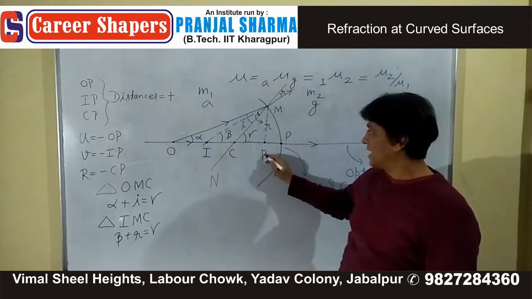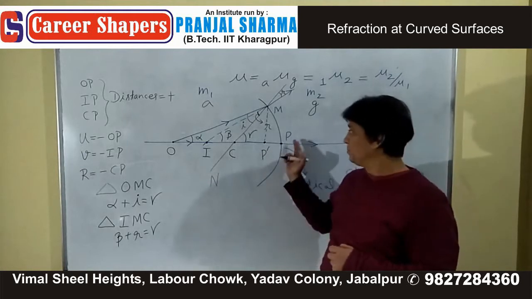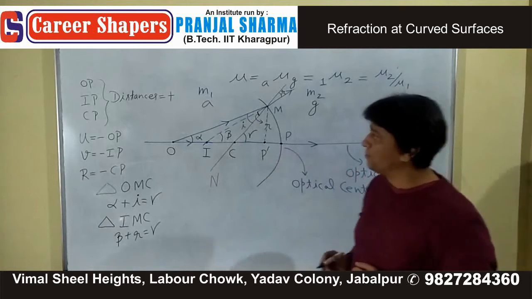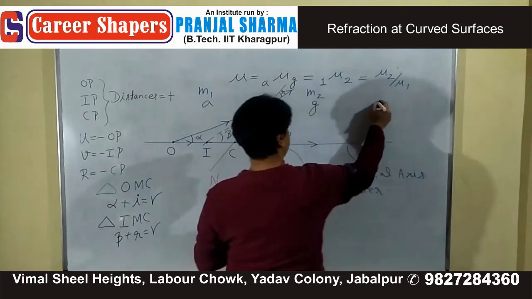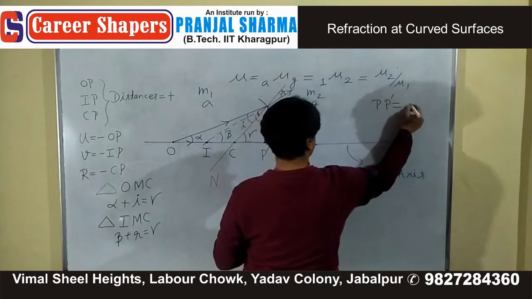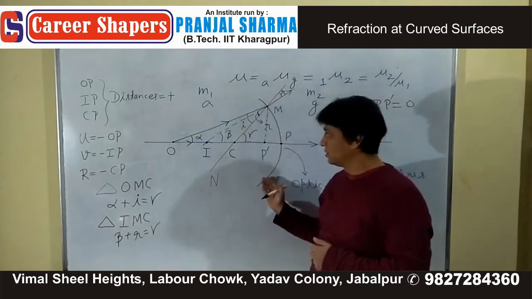It falls at P dash, and again PP dash will be approximately 0 because of small aperture.